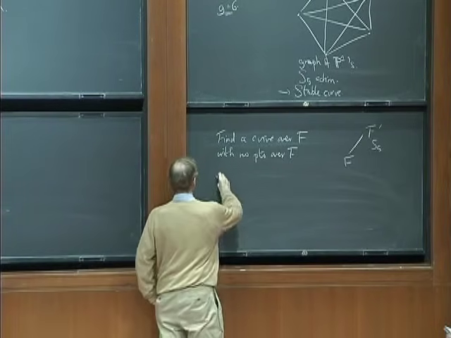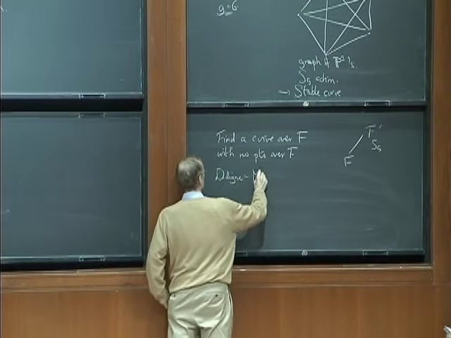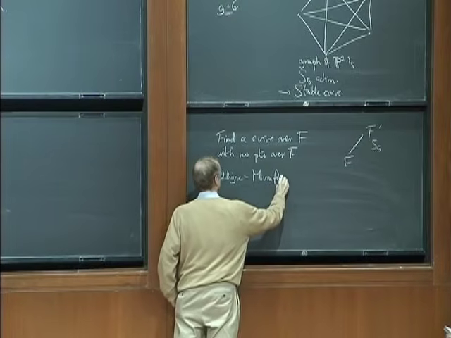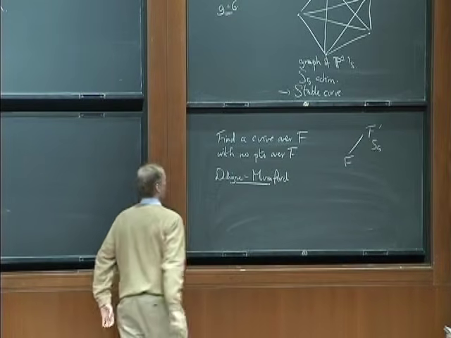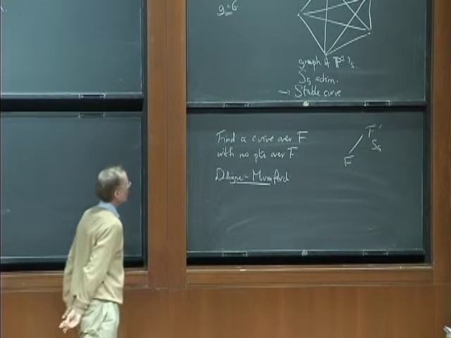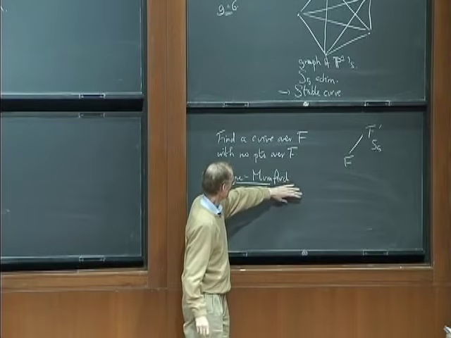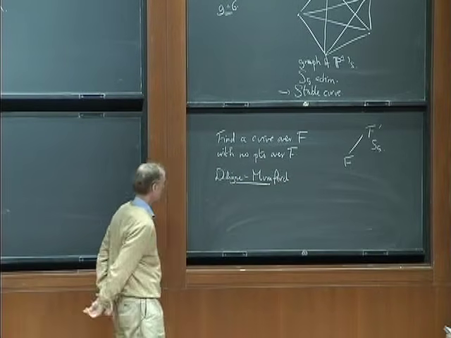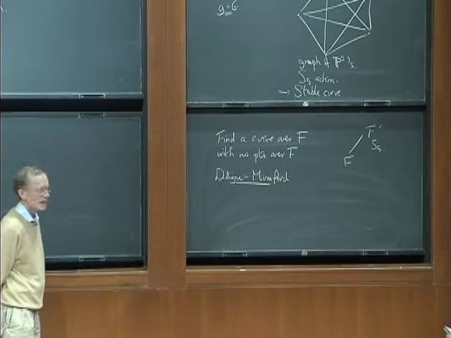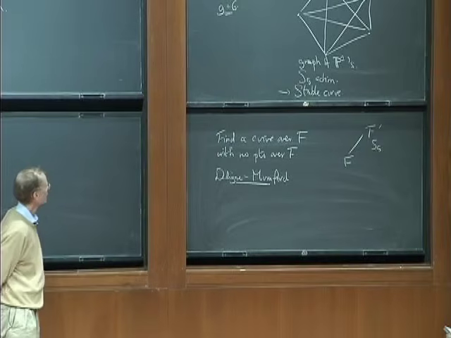And then you use, that's why I'm mentioning it, the Deligne-Mumford paper on the moduli space of curves of genus g to find a smooth curve over a discrete valuation ring where the residue field is the F here. And hence, since it has no points over the residue field, it will have none over the global field.